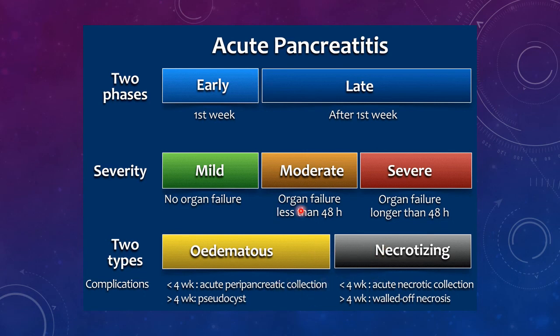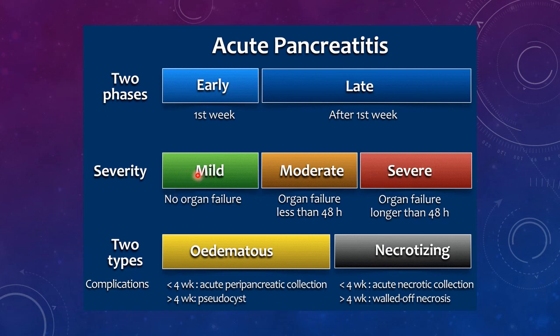Okay, so in summary, acute pancreatitis has two phases, early phase and late phase. Most of the patients with mild acute pancreatitis recover within the first week, and rarely they go into the second week. Severity wise, they can be mild, moderate or severe.